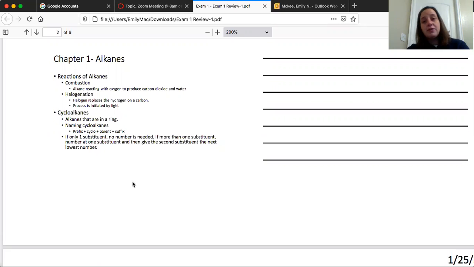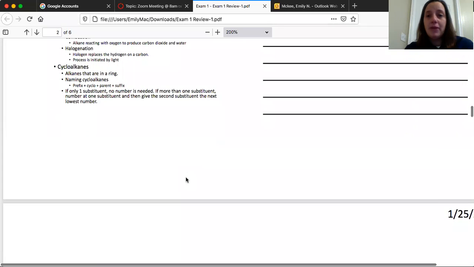If you only have one substituent on the ring, you don't need to number it because it will be on carbon 1. But if you have more than one substituent, you'll need to number the substituents, and we want to give the second one the lowest number that we can.